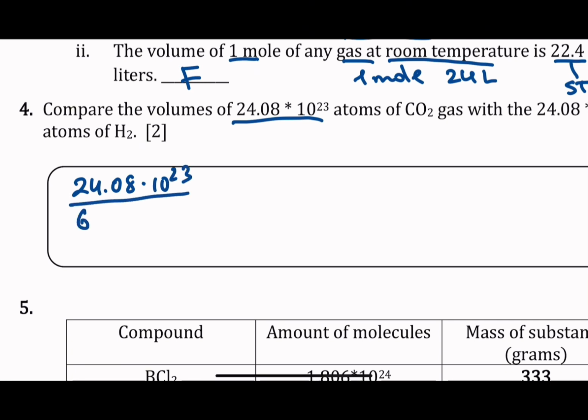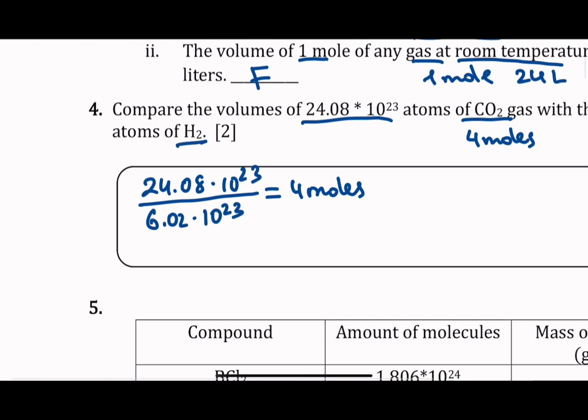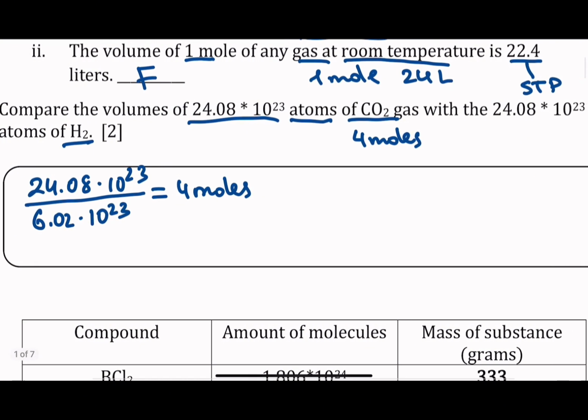If you use the calculator, it gives you 4 moles. Now we have 4 moles of atoms for CO2, and 4 moles for H2. But these are atoms, not molecules, so we need to convert them to moles of molecules.